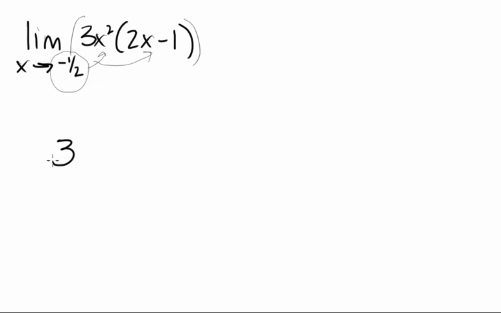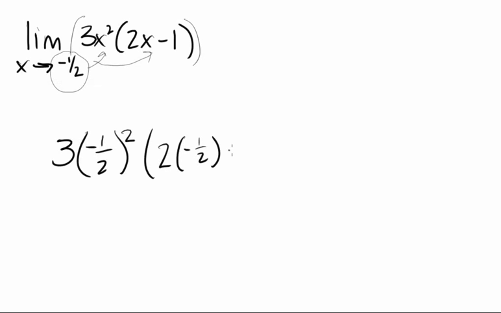So we're going to say 3 times minus 1/2 squared times 2 times minus 1/2 minus 1. Okay, so minus 1/2 squared is going to be 1/4.